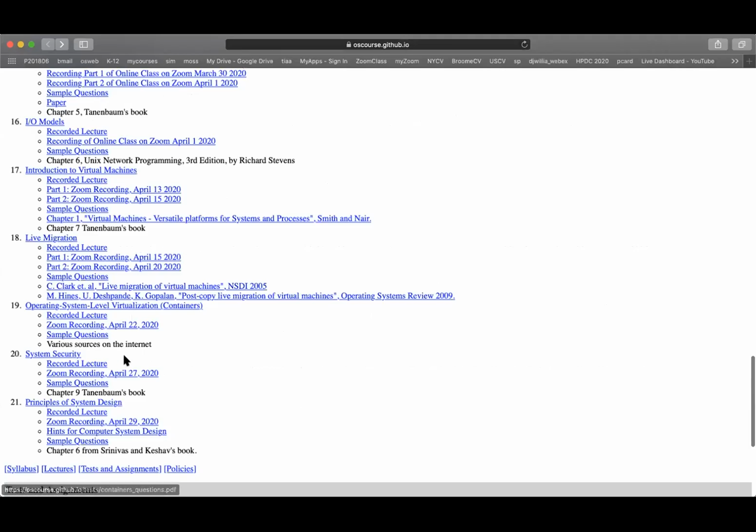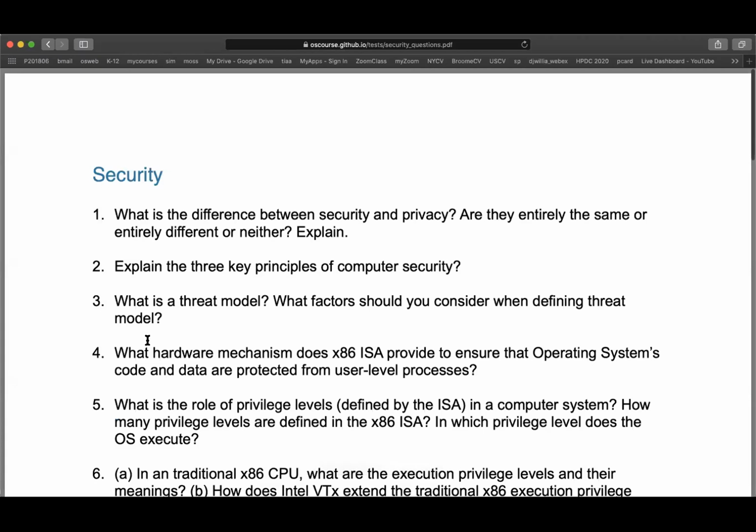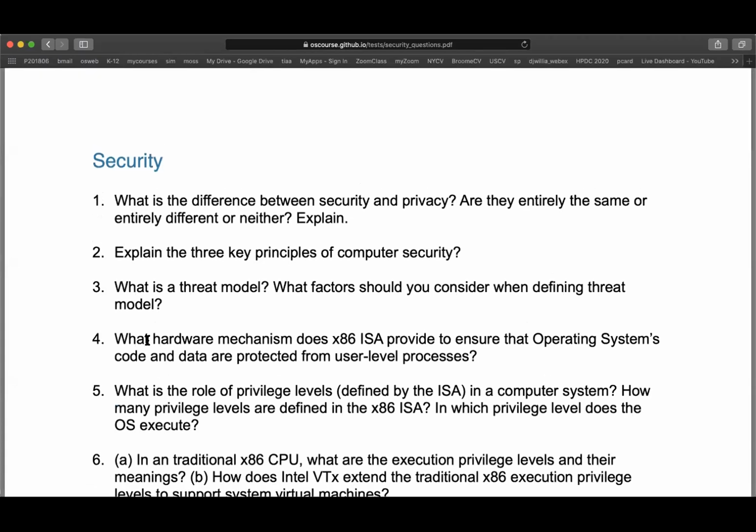So, and I won't go over system security and principles in detail. In system security, I know I covered a lot of topics, but you want to focus more on OS related concepts, things like, what are the CPU, memory and IO level mechanisms that are involved in enforcing security and access control.